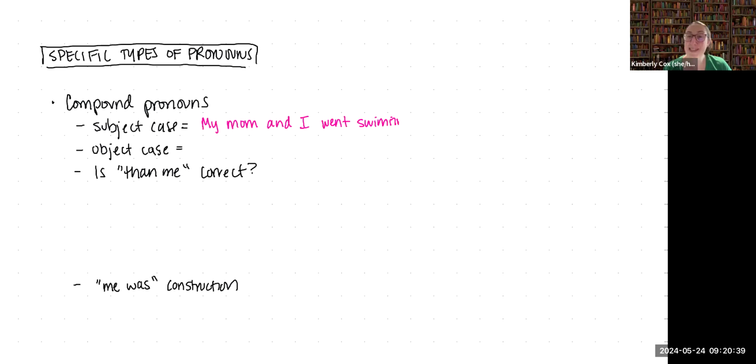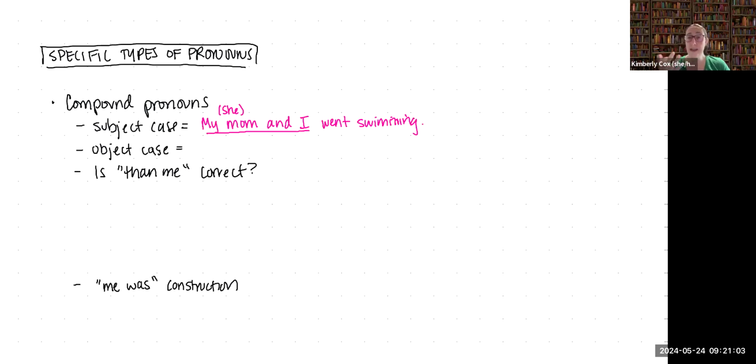I can spell swimming appropriately. So my mom and I went swimming. Here, we have a compound set of pronouns. I could also say she and I, right? And I will put that up here so you can also see. So she and I went swimming.